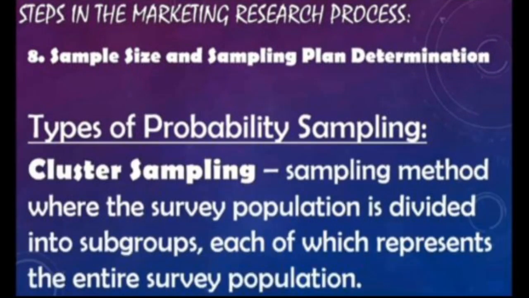The third type is the cluster sampling. Cluster sampling is a sampling method where the survey population is divided into subgroups, each of which represents the entire survey population. Cluster sampling is a way of selecting participants randomly from various places.